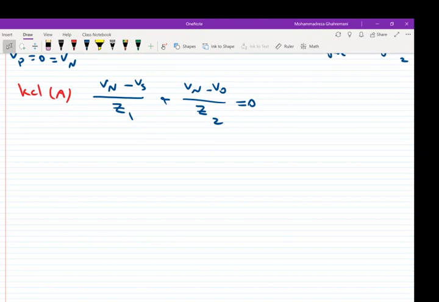Okay, so we got the KCL, and we can solve this KCL to find the gain of our filter.